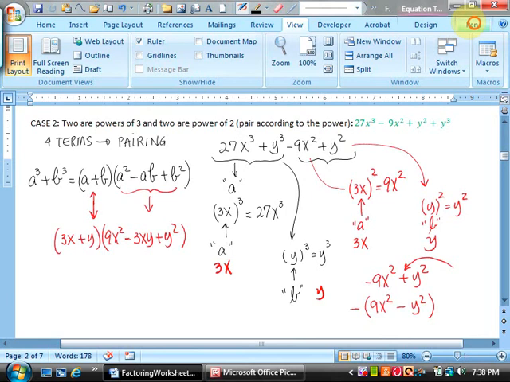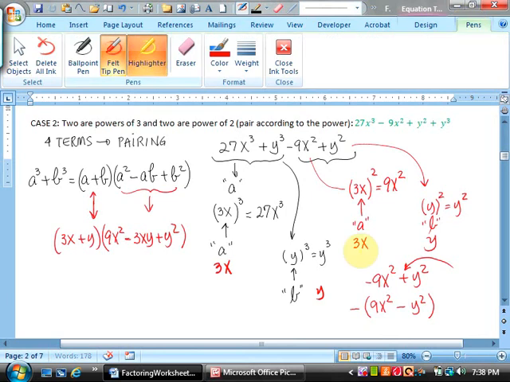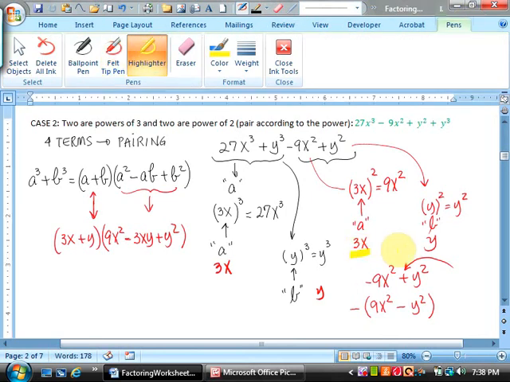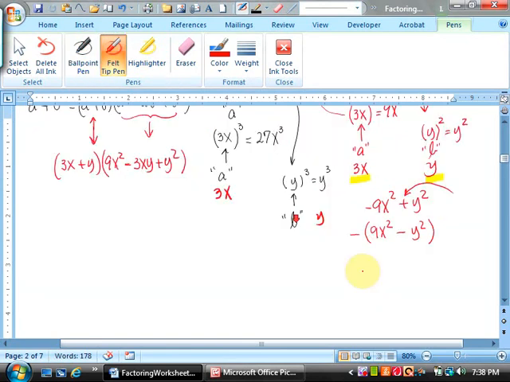Well, a is 3x, and the b part is y. Okay? So I'm going to rewrite this piece here, but to organize it, I'm going to rewrite the whole thing. The piece we already found, 3x plus y, and 9x squared minus 3xy plus y squared.